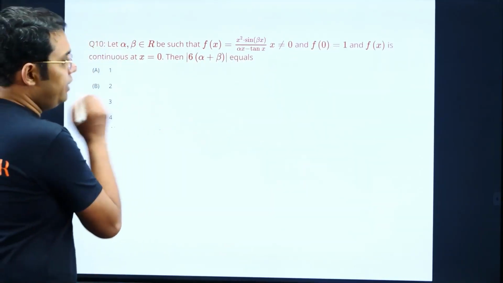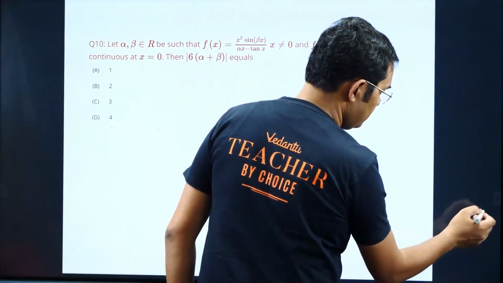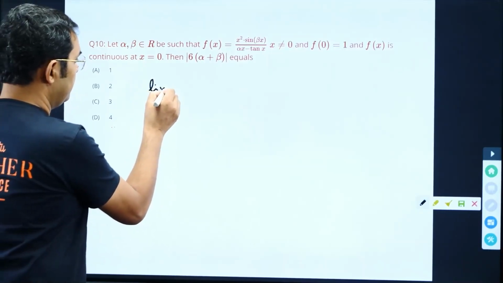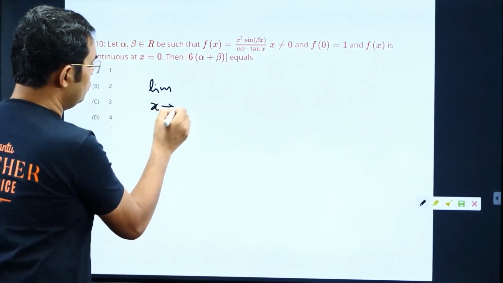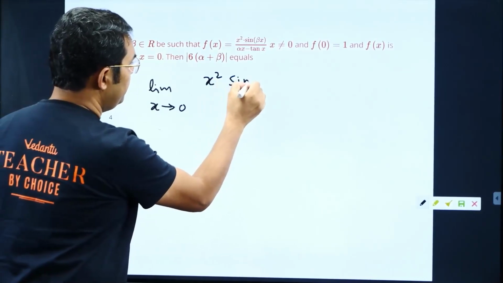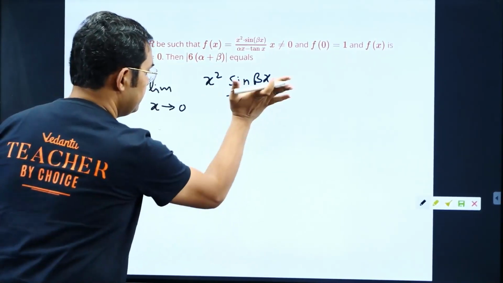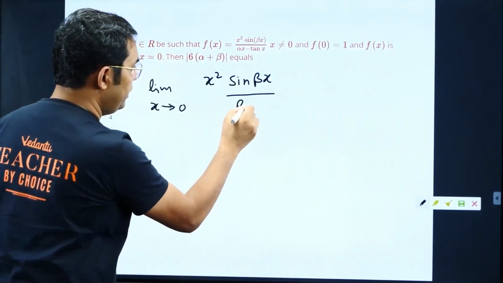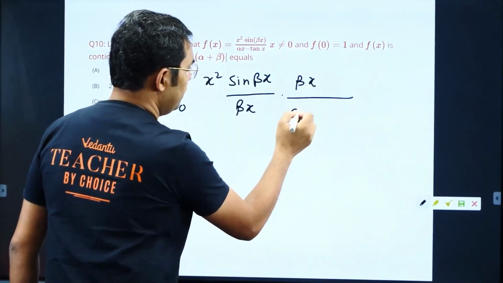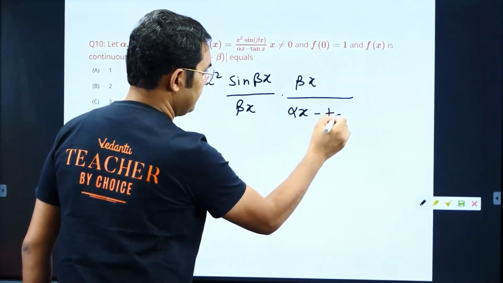Okay, so the limit here would be limit x approaches to 0 of x square sine beta x. You can divide by beta x, and you can multiply by beta x here, and this is actually alpha x minus tan x.